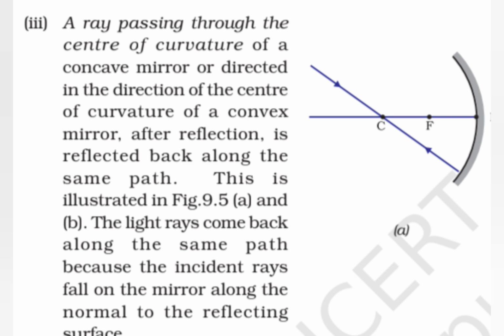Now when the ray of light passes through center of curvature, this center of curvature line lies on principal axis. Correct? When it strikes the mirror, it is like a perpendicular. The center of curvature line is perpendicular to the mirror. The light rays come back along the same path because incident rays fall on the mirror along the normal to the reflecting surface. So this principal axis is a normal to the reflecting surface.